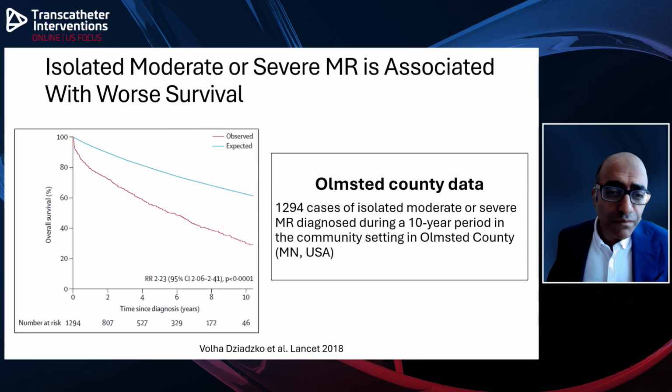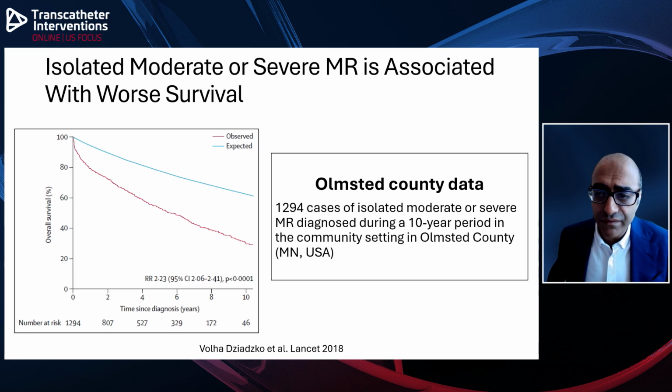Now, isolated moderate or severe MR is bad. It's associated with worse outcomes. Here's the Olmsted County data of 1294 patients with isolated moderate or severe MR diagnosed during a 10-year period in the Olmsted County. The expected survival at 10 years in this population was close to 60%, whereas patients with isolated moderate to severe MR was noted to have a survival of around 30%, so almost half as much.